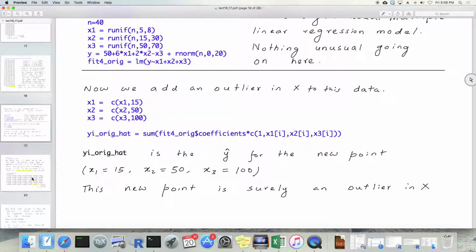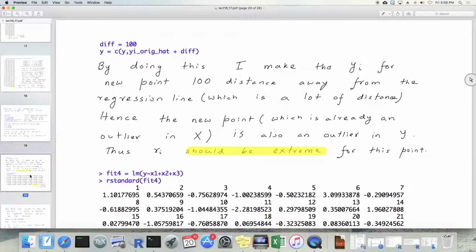Now what I shall do is I will make the new yi in these two lines of our code. What I did was, this was the y hat, I added 100 to it, and I call that my new yi. I use the word new yi, that's not very nice.